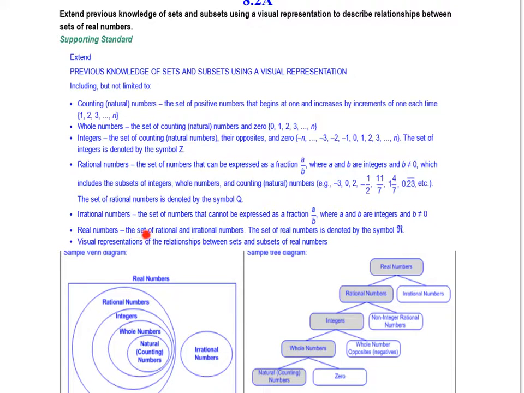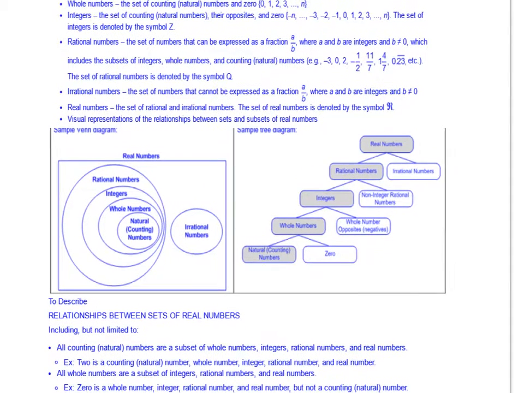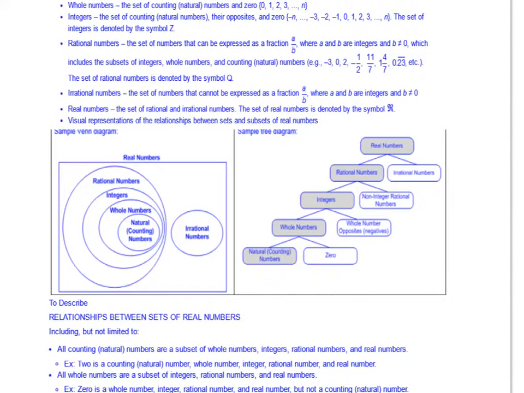Next, a visual representation of the relationship between sets and subsets of numbers. We want to look at a couple, if you don't mind. The first thing is a Venn diagram. You remember a Venn diagram has circles, and then it shows part of it overlapping with another circle.